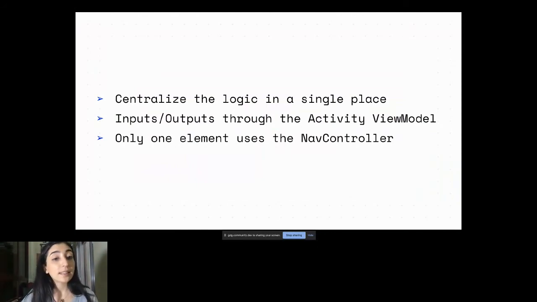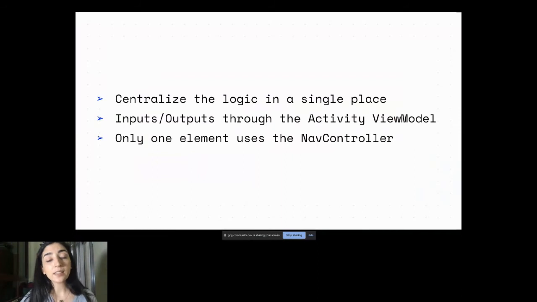And of course, the inputs and outputs will be handled through the view model because we decided to follow Google's standards and use the MVVM architectural pattern. And most importantly, only one element uses the nav controller, one element.